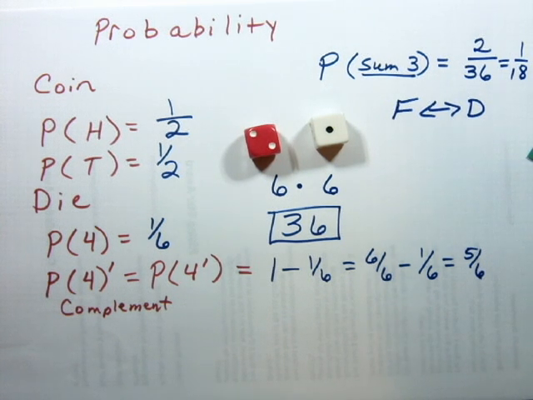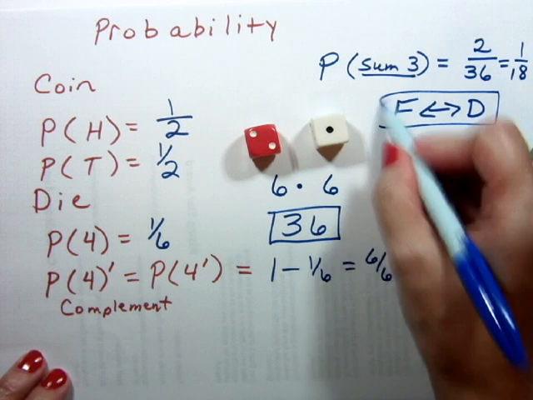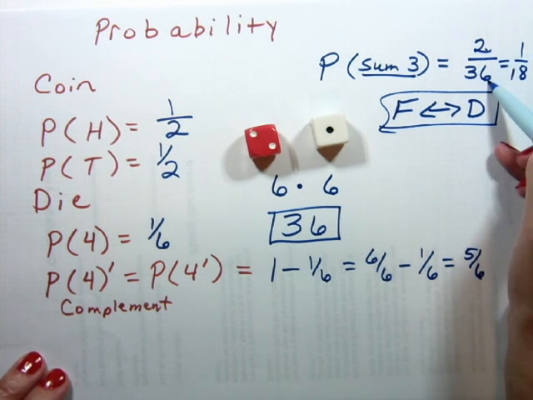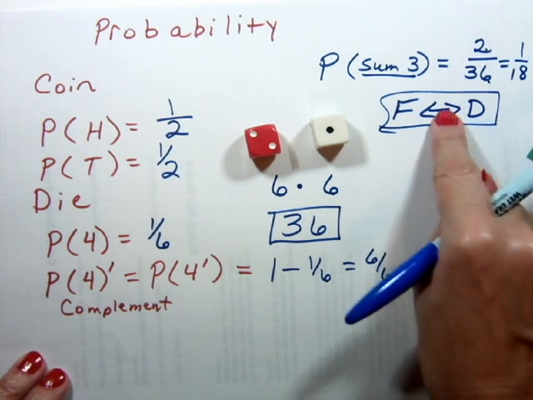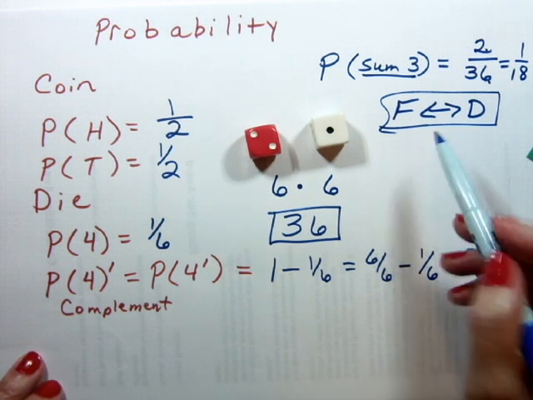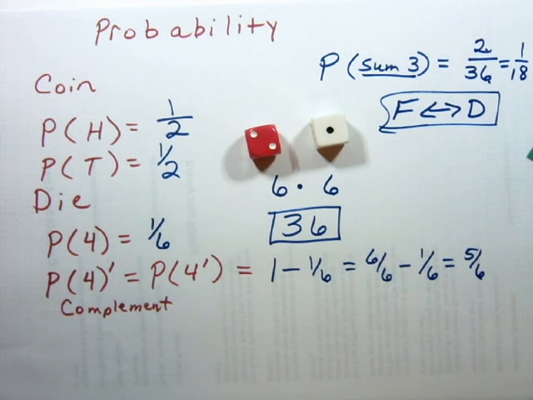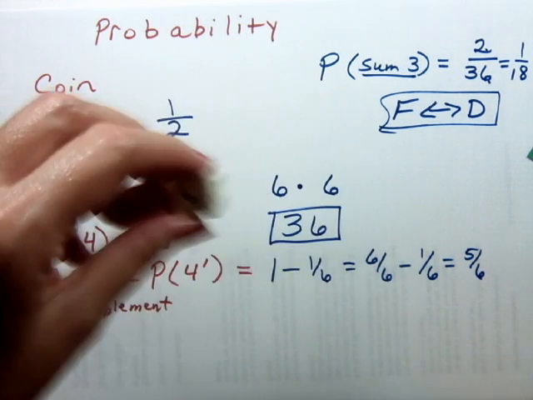If you have a scientific calculator, you're looking for this, you enter in 2 divided by 36 and then get to that key and hit equals. If you don't know how to reduce using your calculator, go to the tutors and they'll show you on a graphing calculator, and ask for a graphing calculator when you're taking your test. But don't use it for the first time on your test. Make sure you take your practice test with it.